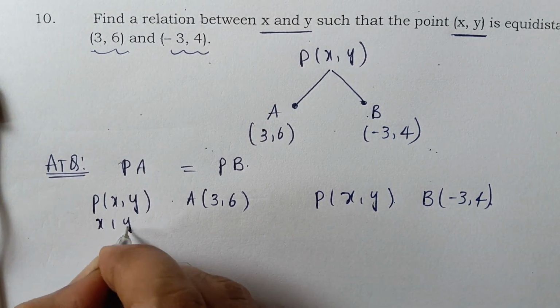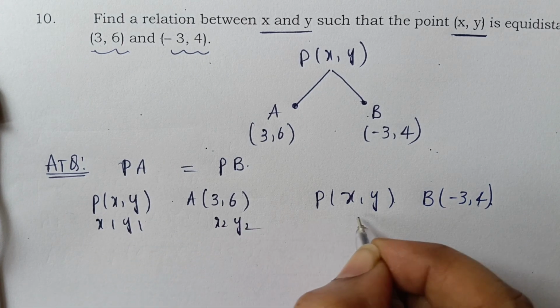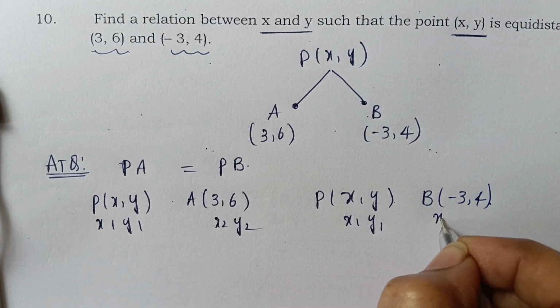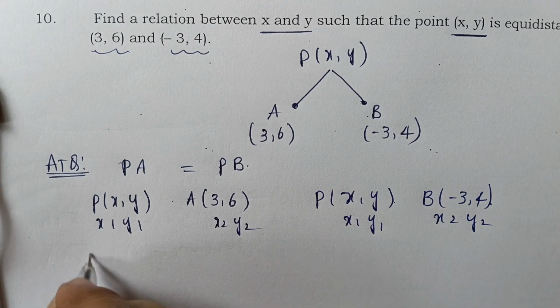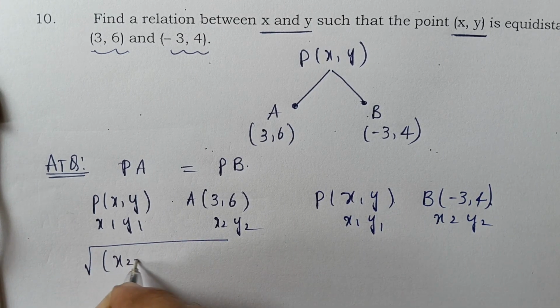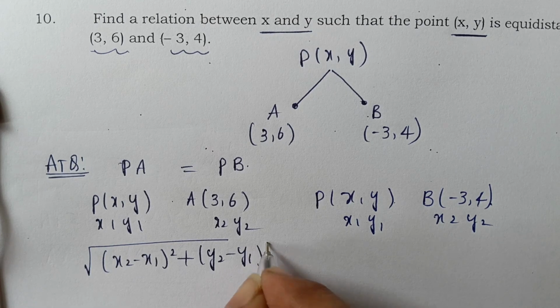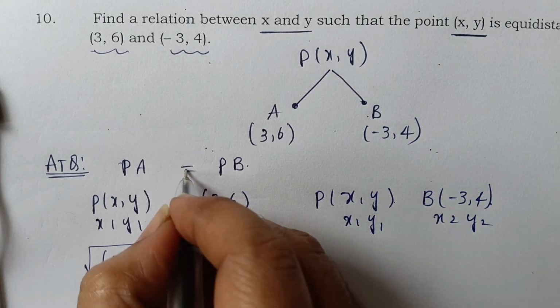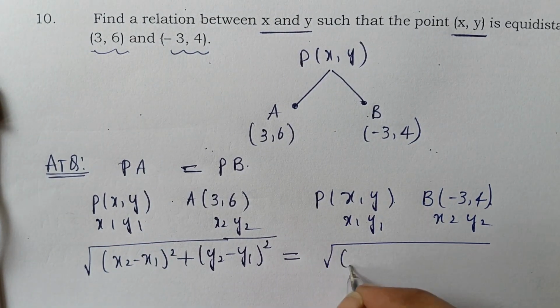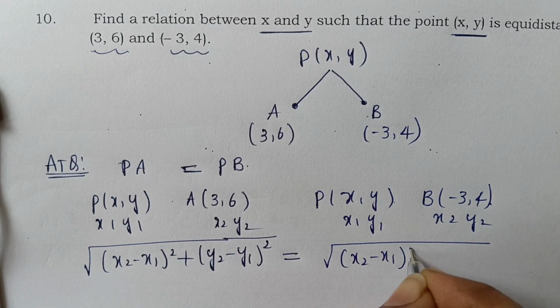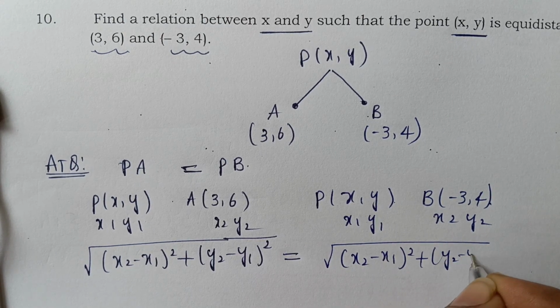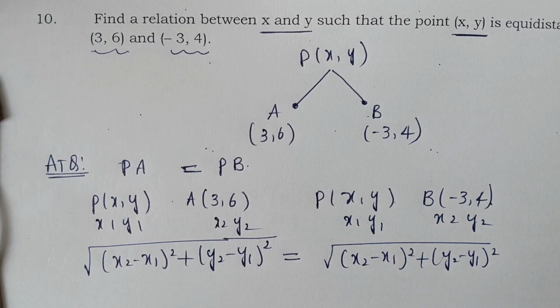Then x1 y1, x2 y2, here also x1 y1, this also x2 y2. So distance formula: square root of x2 minus x1 whole square plus y2 minus y1 whole square is equal to, here also, x2 minus x1 whole square plus y2 minus y1 whole square.